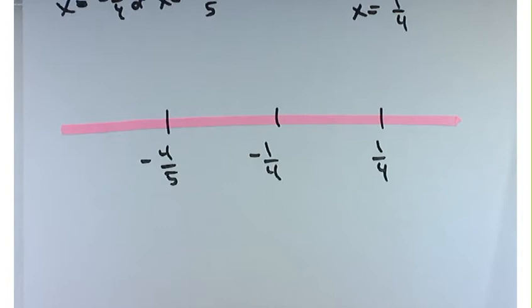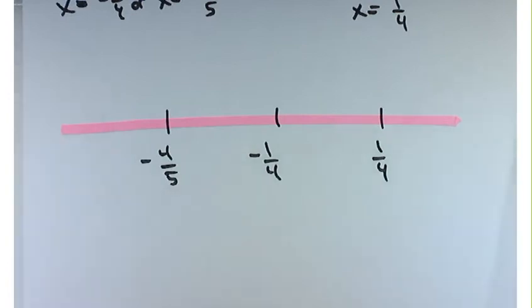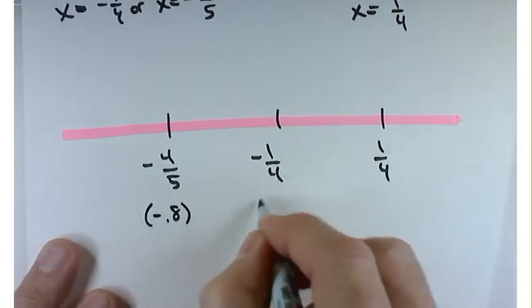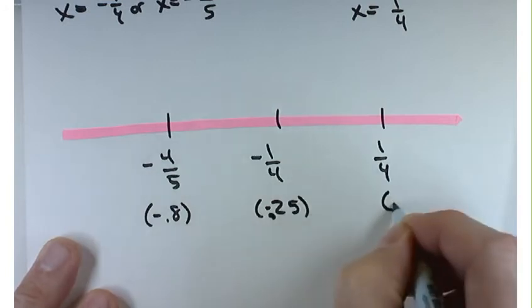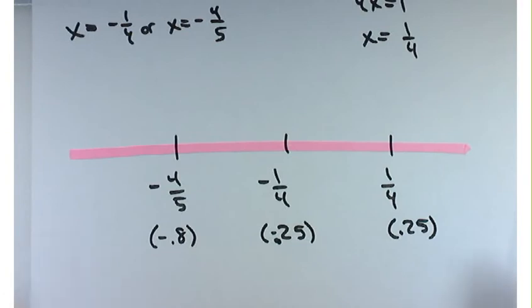So as far as the decimal values, this first one is negative 0.8. This is negative 0.25. And this is positive 0.25. If you want to use decimals or fractions, I'm not really going to make a big deal out of it. I do like fractions a little bit better.